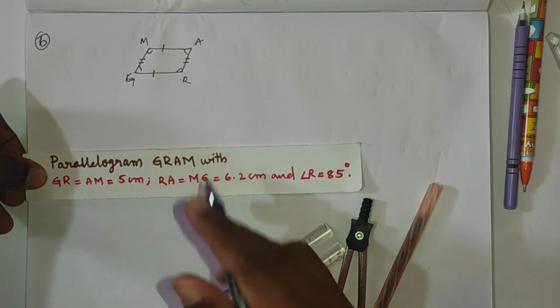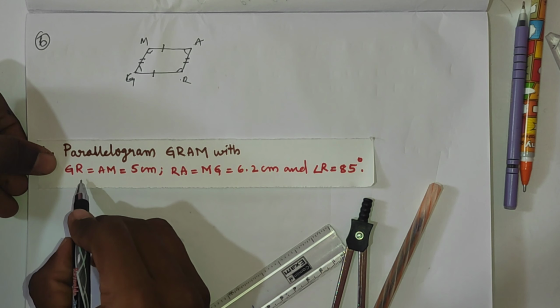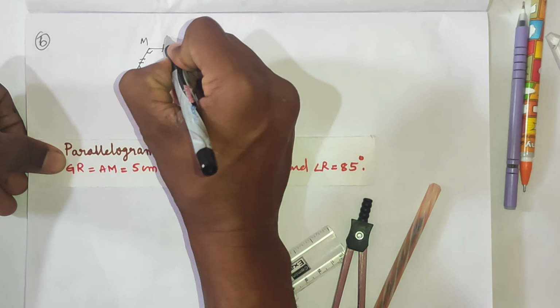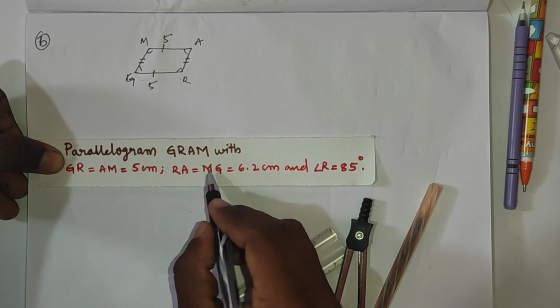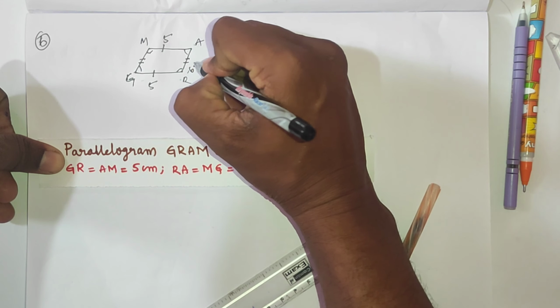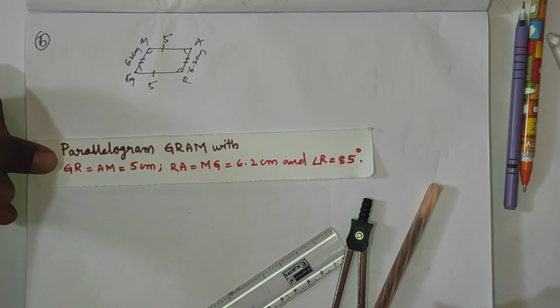And opposite sides are parallel to each other, right? GR and AM is equal to 5 centimeters, and RA is equal to MG, which is 6.2 centimeters.